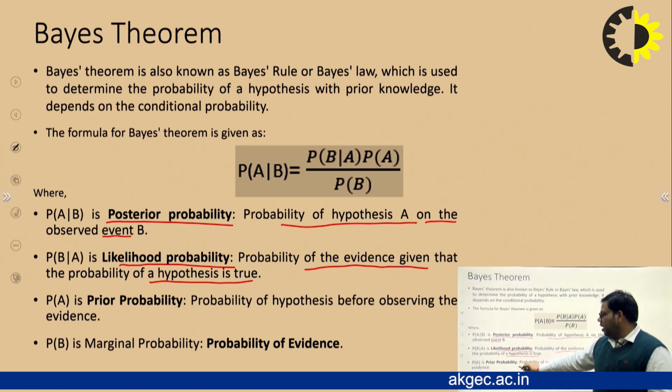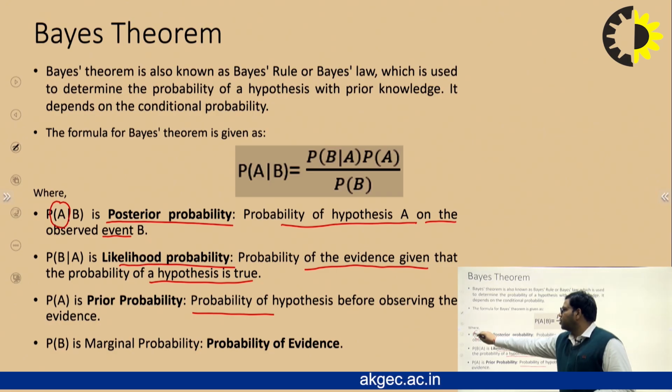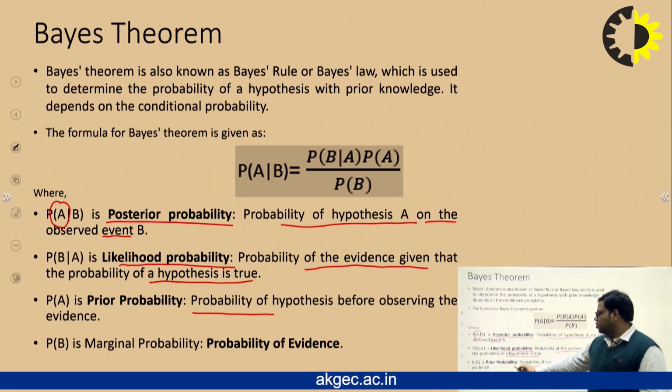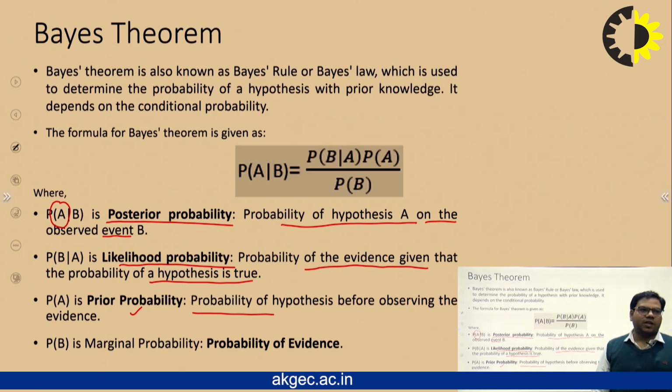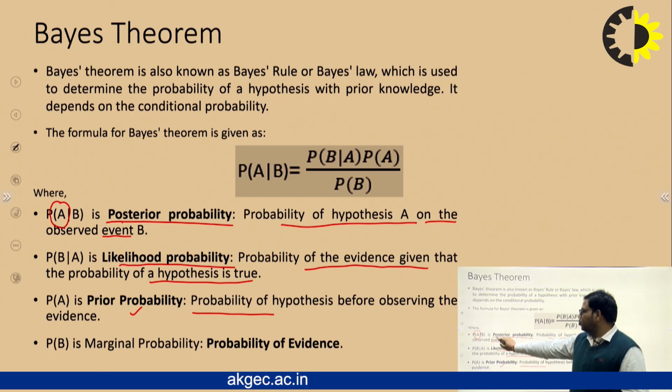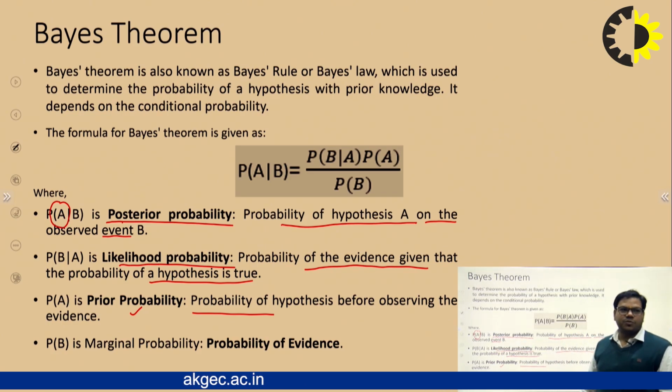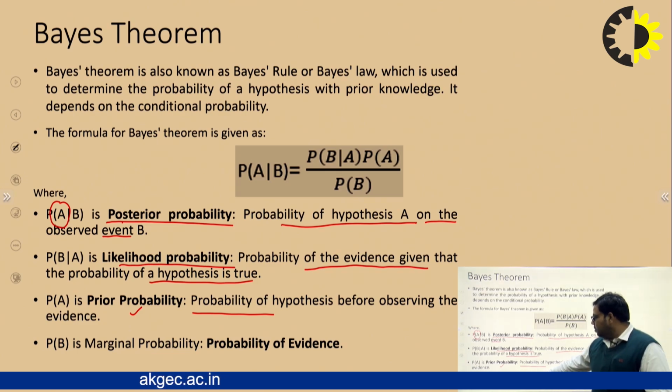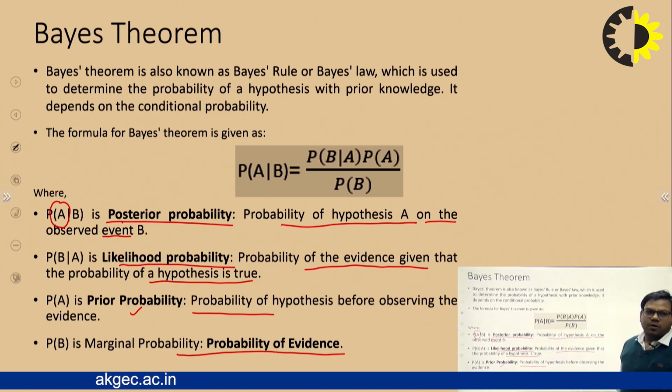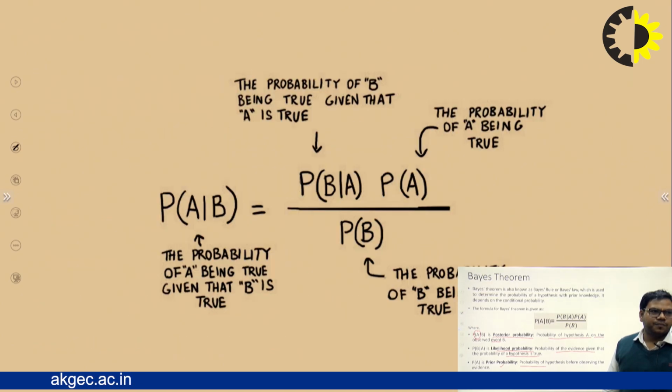P(A) is called the prior probability, because we are going to calculate the posterior of A; it is the probability without any condition. And P(B) is the marginal probability, or probability of evidence.